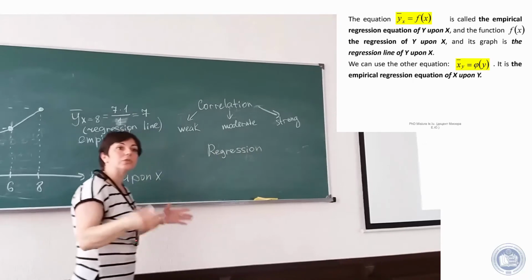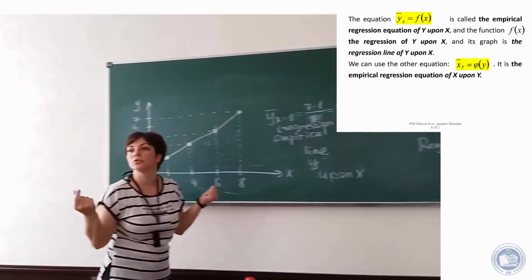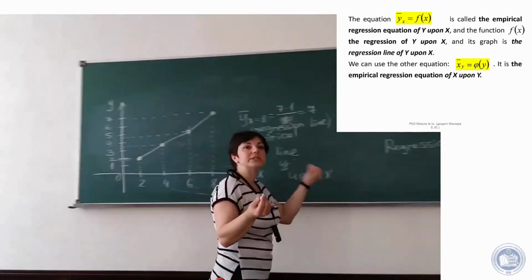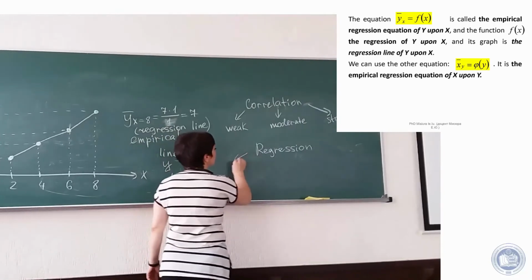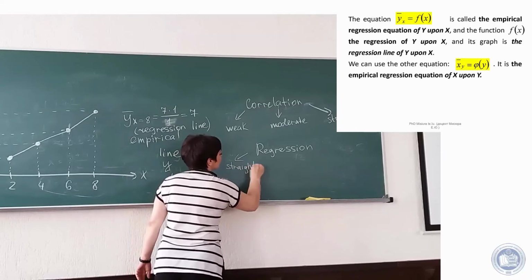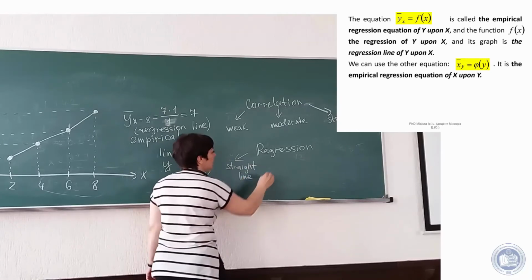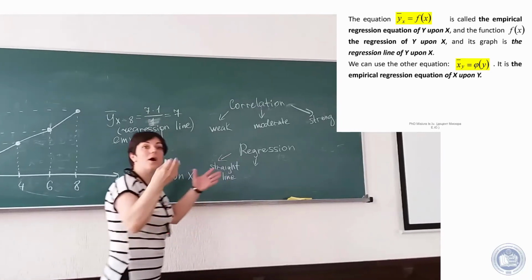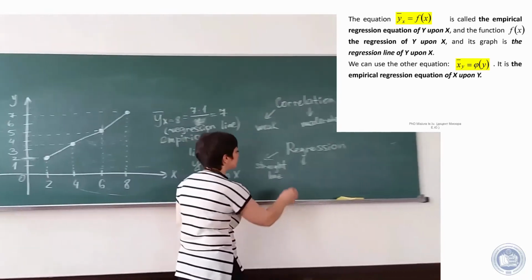For example, students, how many types of functions do you know? The simplest function will be line, yes, straight line. Agree? Ну, for example, you know power function, да, степенная функция.